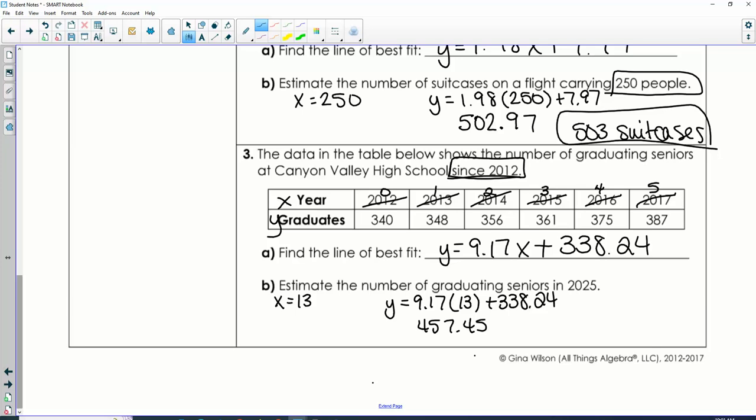No. What would I round this to? We'll just go ahead and follow the regular rounding rule. So if it's 0.5 or higher, we'll round up. If it's less than 0.5, we'll just round to that whole number. So this isn't enough to round up, so we'll just keep it at 457 seniors, or graduates, however you want to label it. So we have 457 graduating that year.